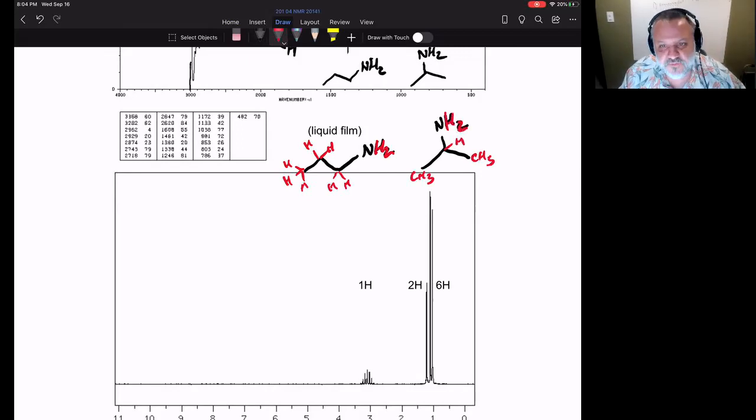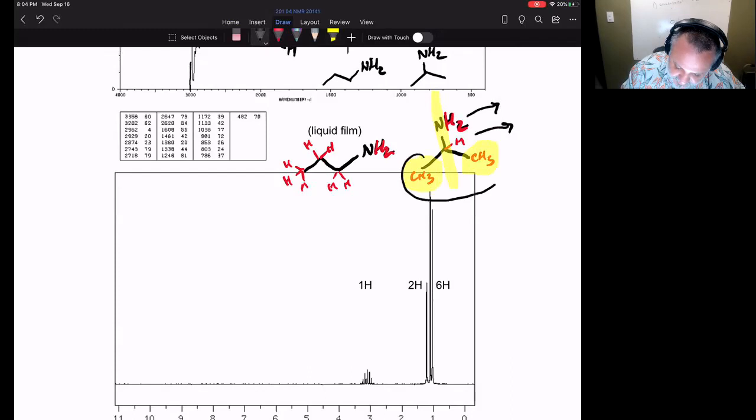How many signals would each one of these develop? Let's take a look at this one. We'll look at the symmetry in this molecule. That means that these hydrogens are the same. So then if they're the same, how many signals would I get? I would get this one, and then I'd get the signal for both of these. And what would the integration pattern be? 2 to 1 to 6.